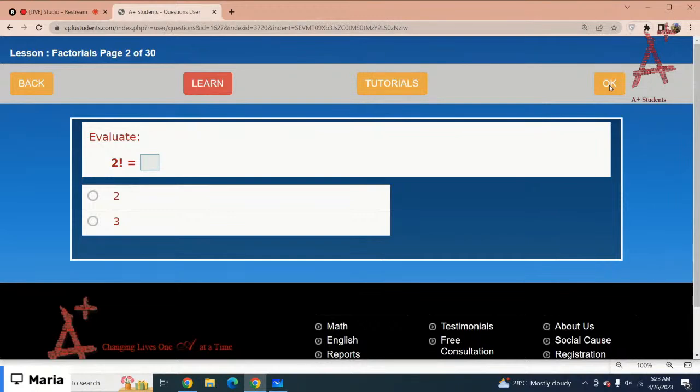Okay, the next one is 2 factorial. 2 factorial is 2 times 1. So 2 times 1 is 2.